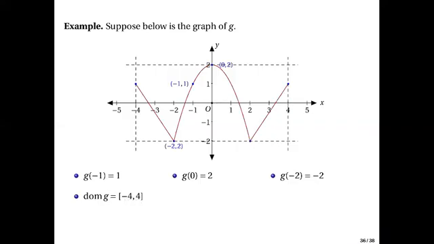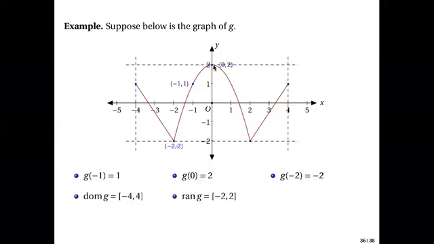And then we also get the range. The range are the y values. The lowest value for y is negative 2 here. The highest value for y is positive 2.